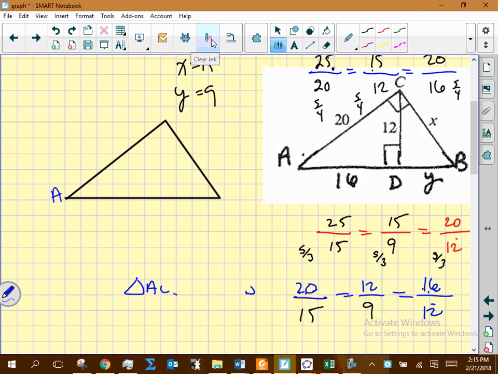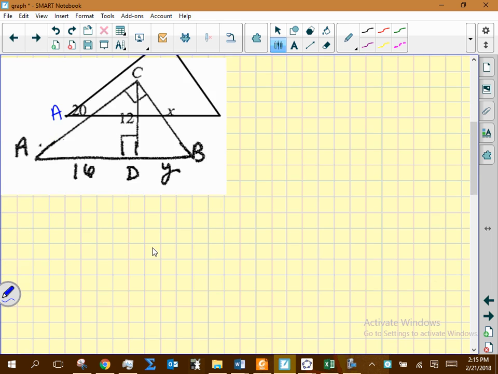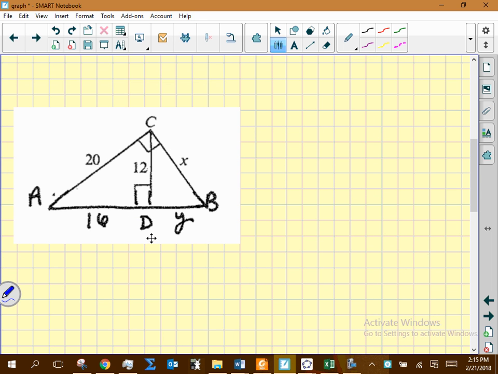Just to kind of show you real quick what we're going to do later with this, we're going to take that distance right there, which Blaze told us was an altitude, right? And it's going to go there and there. And then we're going to take the two parts down here, 16 and y, and I'll talk about why we do that later.